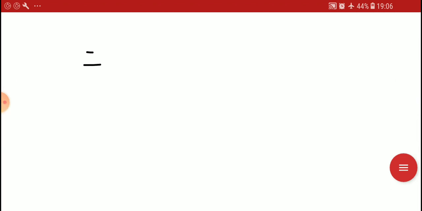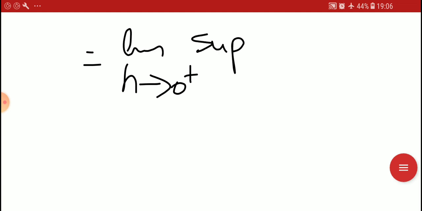So that is equal to the limit as h tends to 0 plus, using supremum, of (f(h) − f(0))/h. Here f(x) = |x|, so f(h) = |h| and f(0) = 0, therefore |h|/h.